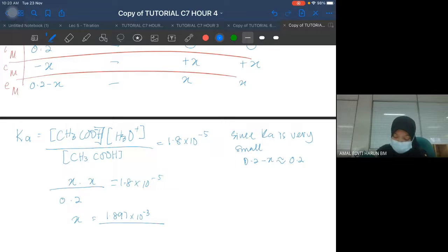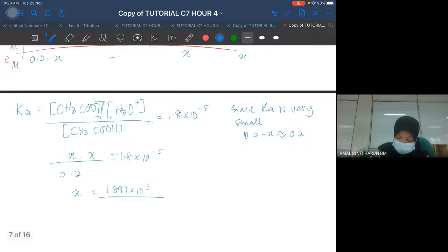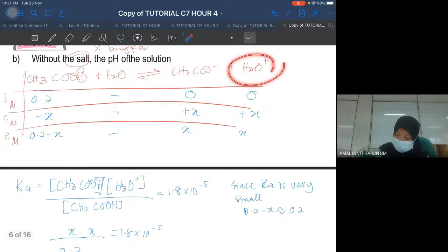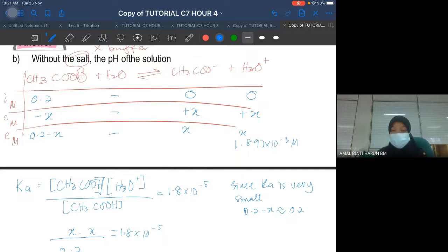Okay, so x ni adalah apa? Concentration hydronium ion. Okay, so kita dah dapat concentration hydronium ion ini at equilibrium, where it is 1.897 exponent negative 3 molar.